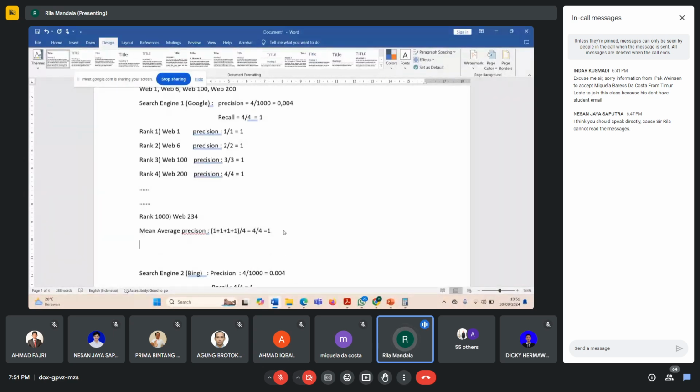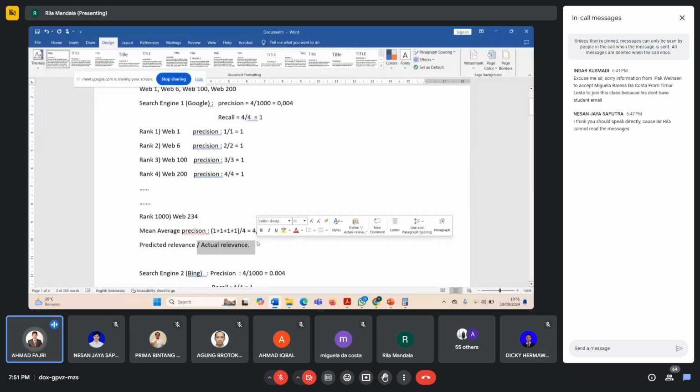So this one is predicted relevant divided by actual relevant. Both of them have to be used. It means we have to know both of them. If we don't know the actual relevance, can we compute mean average precision? Cannot.